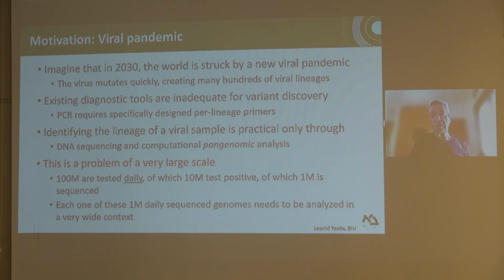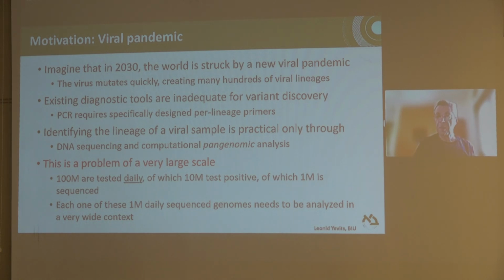But let's imagine that in a few short years, the world is struck again by a new viral pandemic. Many people agree that it's going to happen. We don't know when exactly, but there's very little doubt it's going to happen again. And let's assume that in this new pandemic, the virus is going to mutate as quickly as it did in the COVID-19 pandemic, creating many hundreds, maybe thousands of viral variants and lineages.